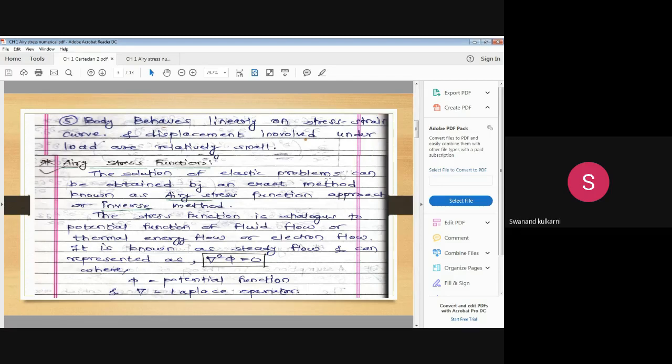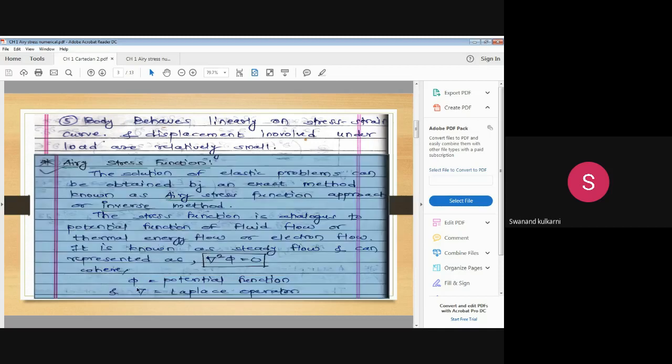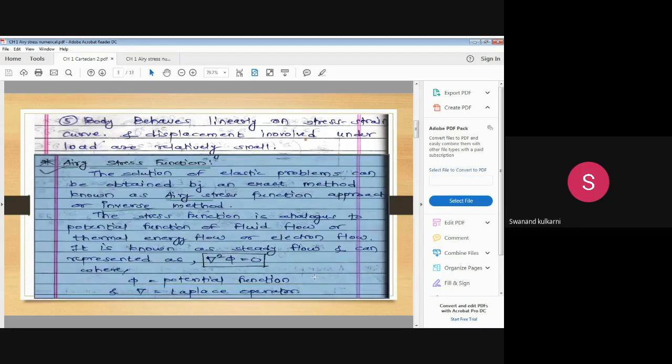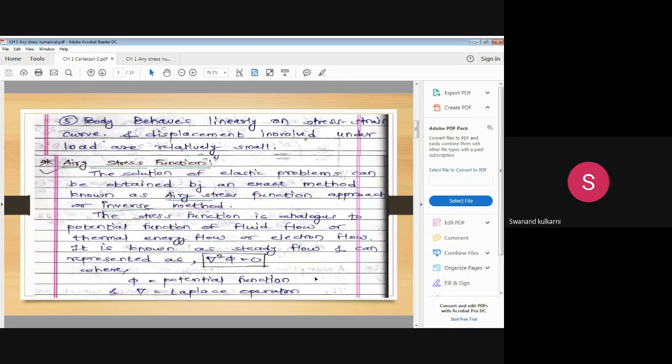It is known as steady flow and can be represented as del square phi is equal to 0, where phi is considered to be the potential function and del is considered to be the Laplace operator. So, in Airy stress function, this particular equation del square phi is equal to 0. Is it okay?